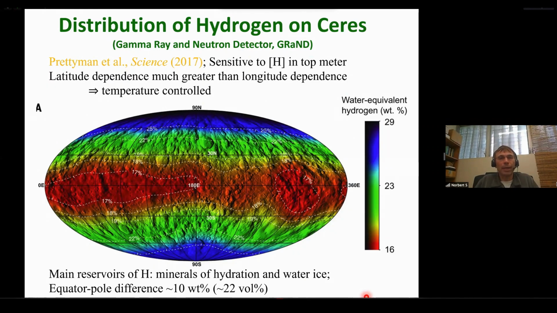This is exactly what one expects from a temperature-controlled ice table. So that really shows the top meter of Ceres is ice-rich, and at the equator it's probably just a bit lower than that. And if one matches that with models, in the polar regions we're going to find ice within the top centimeter, right?